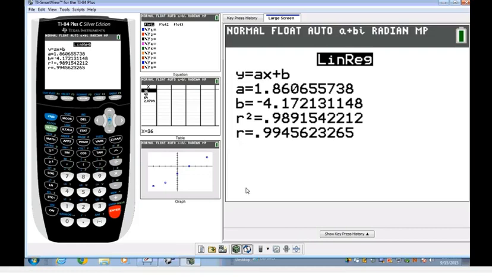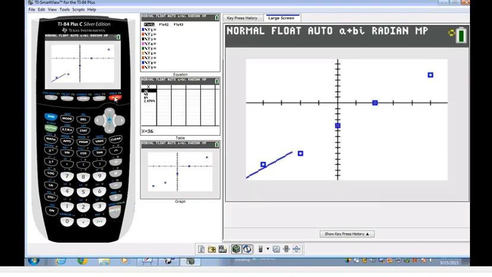Now let's go over and graph it and see with our eyes if it's a good fit. All right, let's graph. Well, there's our data points, and there's the line that the calculator came up with. Well, that's a pretty good fit, isn't it? Do you see how one is a little above, one is a little below?